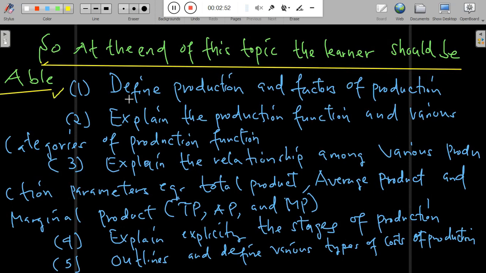At the end of this lecture, you should be able to define production and factors of production; explain the production function and various categories of production function; explain the relationship among various production parameters, for example total product, average product, marginal product, and elasticity of product; explain the stages of production; and outline and define various types of cost of production.